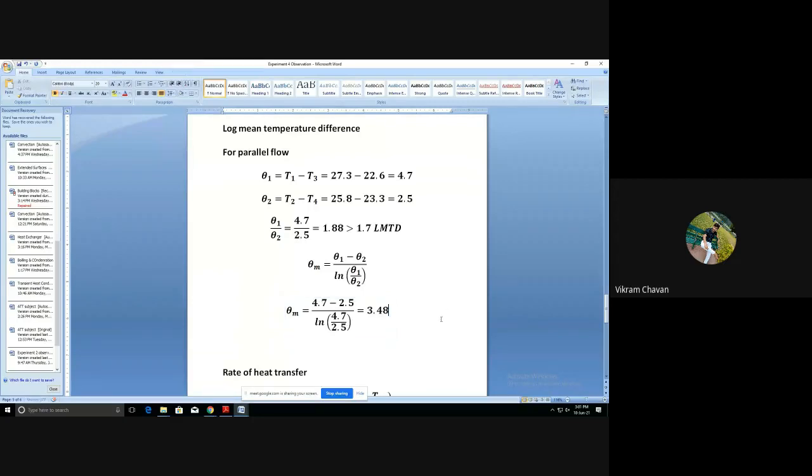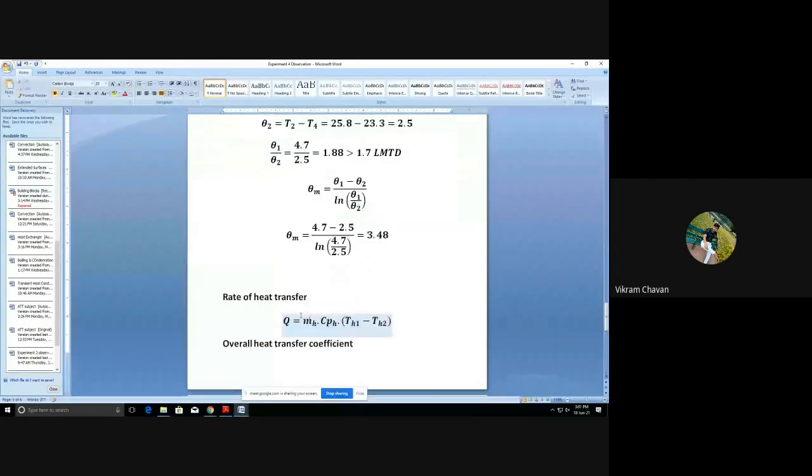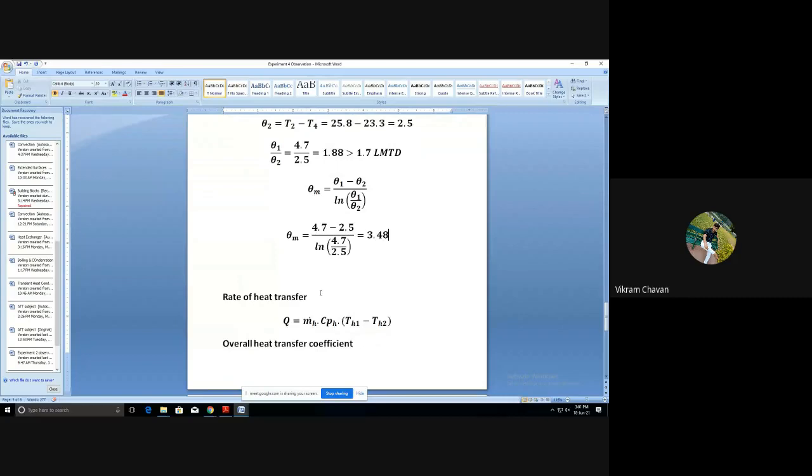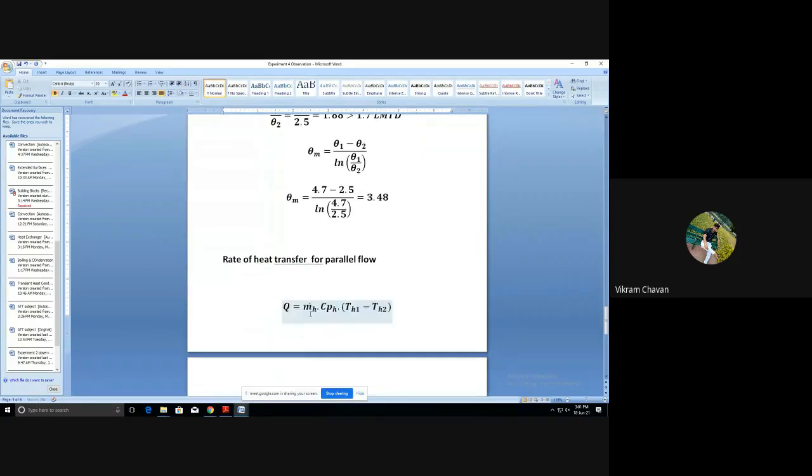Okay, so theta m we have calculated. Now we require the mass flow rate to find the rate of heat transfer for parallel flow. So we have to calculate m dot h.